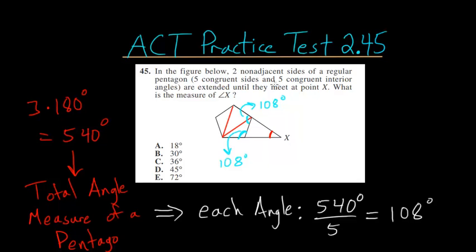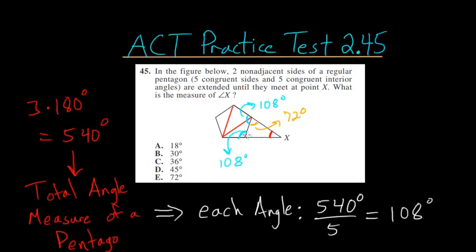So what you can see is that this blue angle here and this orange angle form the angles in a line. And this total angle containing both of these would be 180 degrees. So if you subtract this 108 from 180, you can find the measure of this angle, which is 72 degrees.